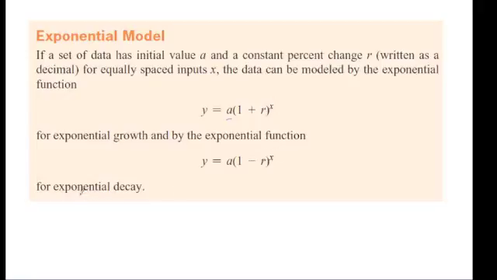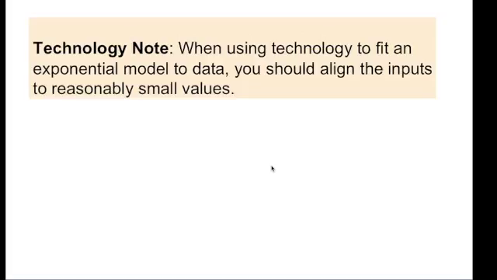So growth is with the plus, decay is with the minus. When you are using technology to fit the exponential model to the data, you should align the inputs to reasonably small values. You don't want your inputs being too large, or it will grow very, very fast.